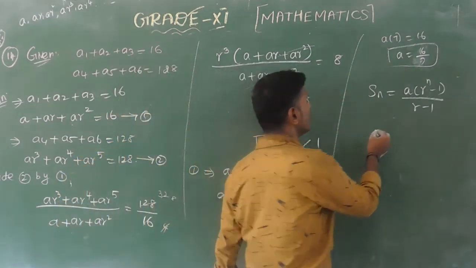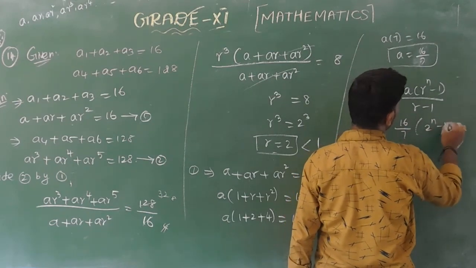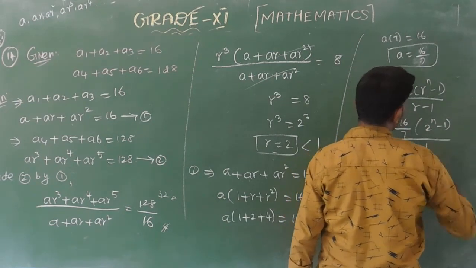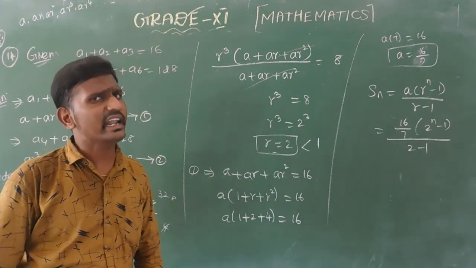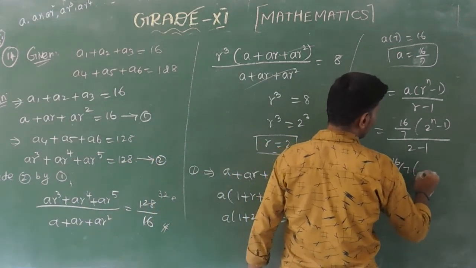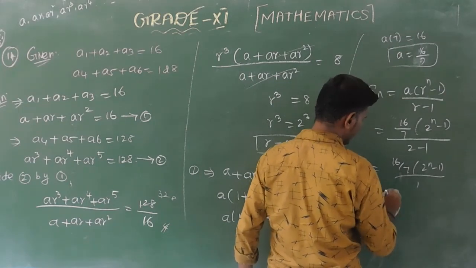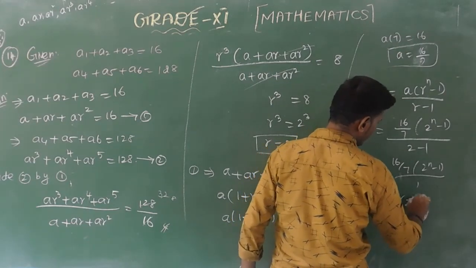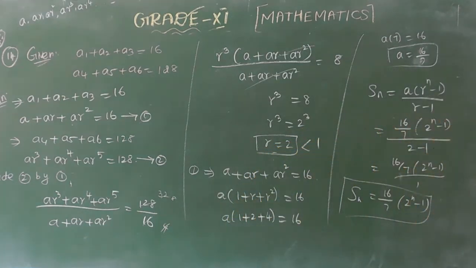Now substitute a equal to 16 by 7 and r equal to 2: 2 power n minus 1 whole divided by 2 minus 1. You don't have the value of n, so just keep n. Now 16 by 7 into 2 power n minus 1 divided by 1. So the final answer is Sn equal to 16 by 7 into 2 power n minus 1.